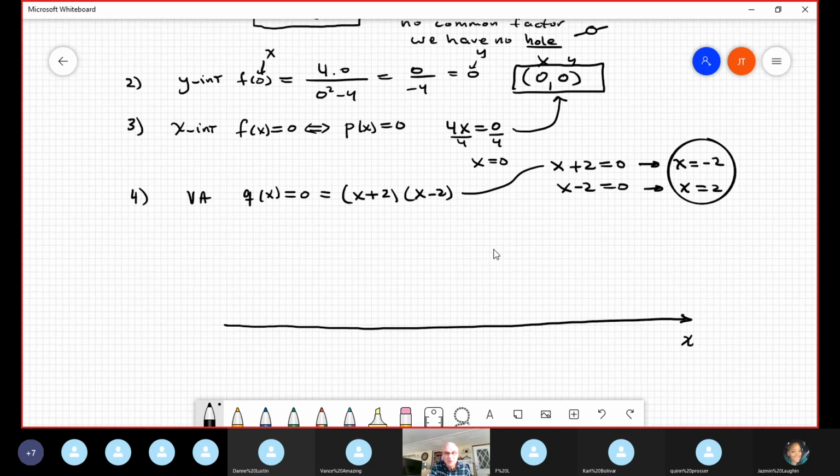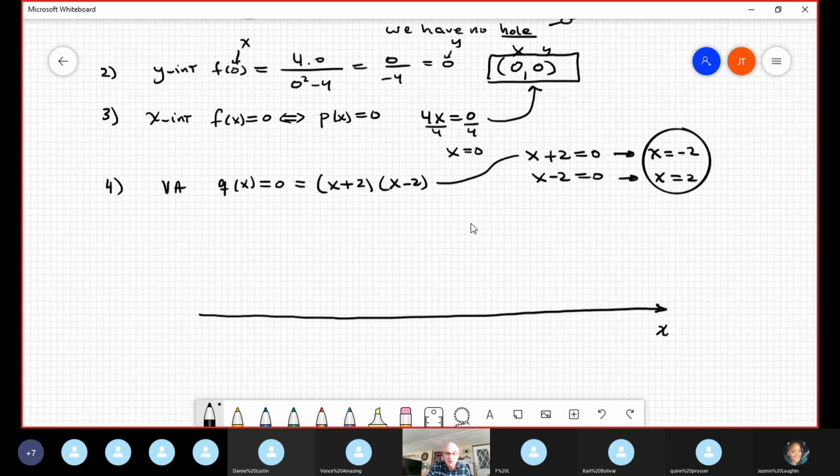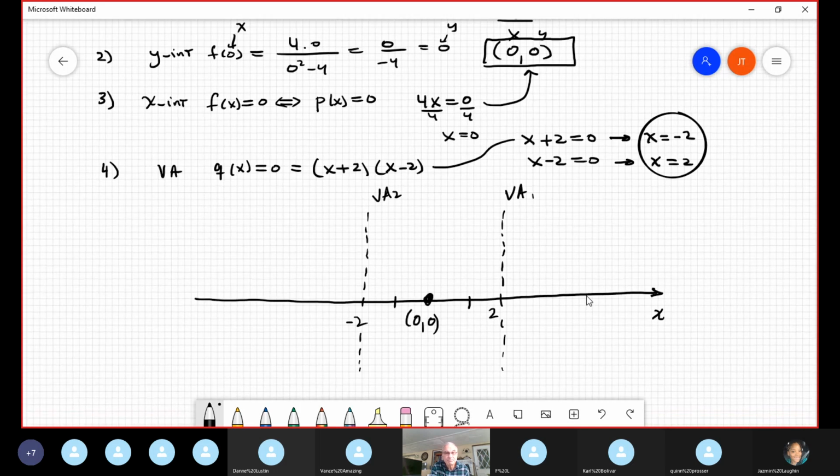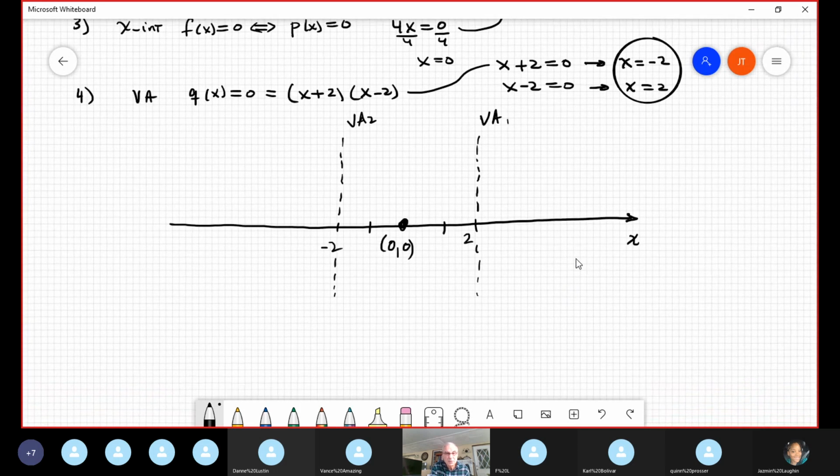The information that we have at this moment is the point 0, 0 here, which is both the x-intercept and the y-intercept, and the positive 2 and negative 2, two vertical asymptotes. This is the situation that we have so far: vertical asymptote 1, vertical asymptote 2. I put a name, but not necessarily. Everyone follow me? And little by little, we can trace the graph.